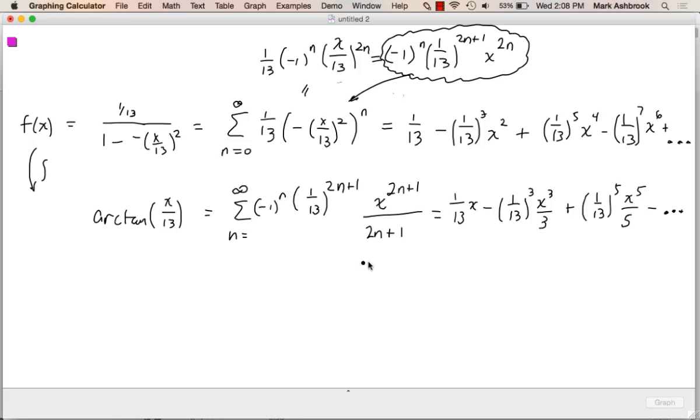We should add a constant to this and to the polynomial, and then figure out what that constant is by setting x equal to 0 and seeing what happens. In this case, arctangent of 0 is 0, so the constant ends up being 0. But we really should have also done plus c, and then solved for c by plugging in x equals 0.